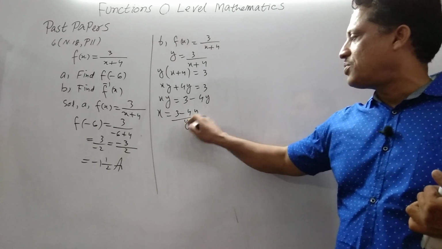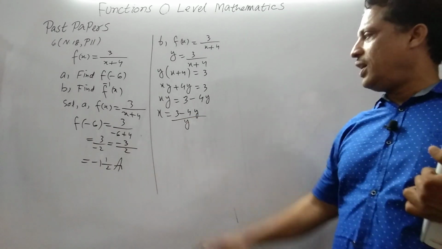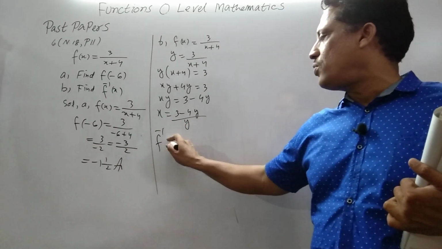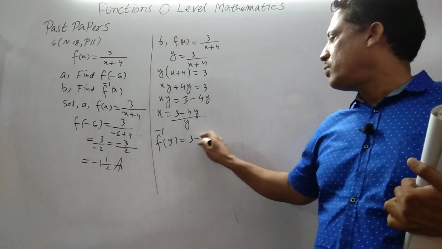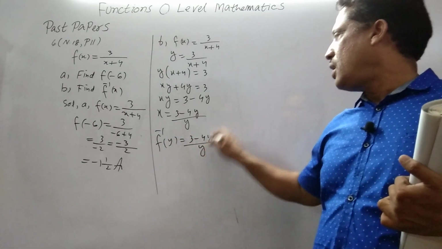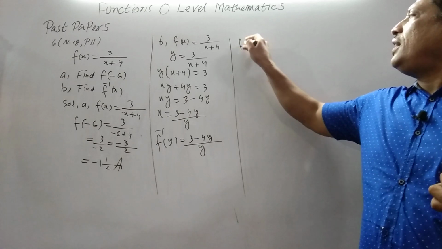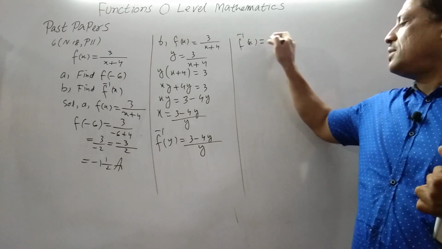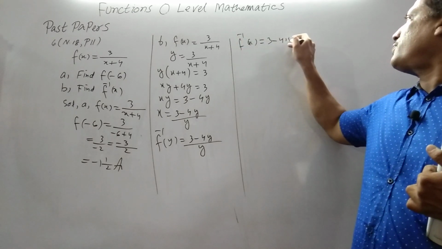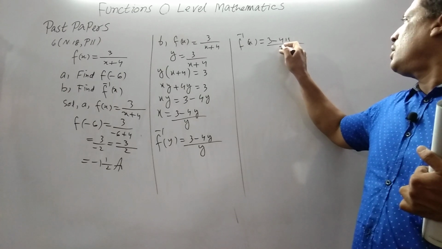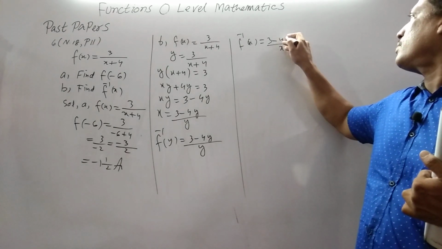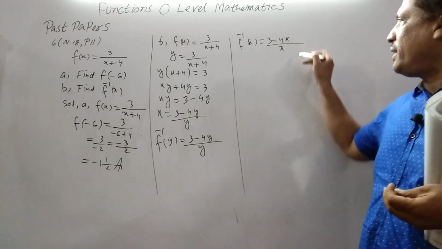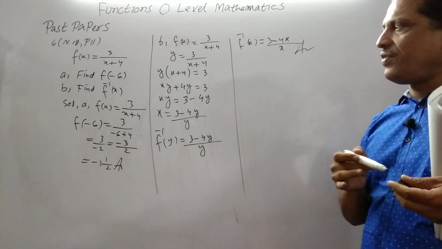Now x becomes the subject of the given formula. Replace x by f inverse y, 3 minus 4y upon y, and finally replace y by x: 3 minus 4x upon x. I hope you completely understand how we find f inverse x.